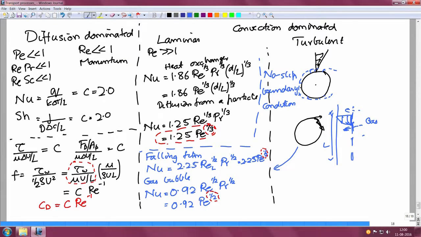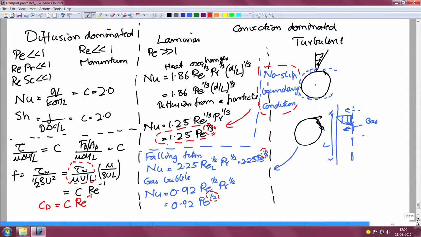At a rigid solid, the solid will not deform, and therefore, if you are moving in the reference frame of the solid, the velocity of the fluid has to come to 0 at the solid surface. It is called a no slip boundary condition. And whenever you have a no slip boundary condition at the surface, you have one set of correlations.